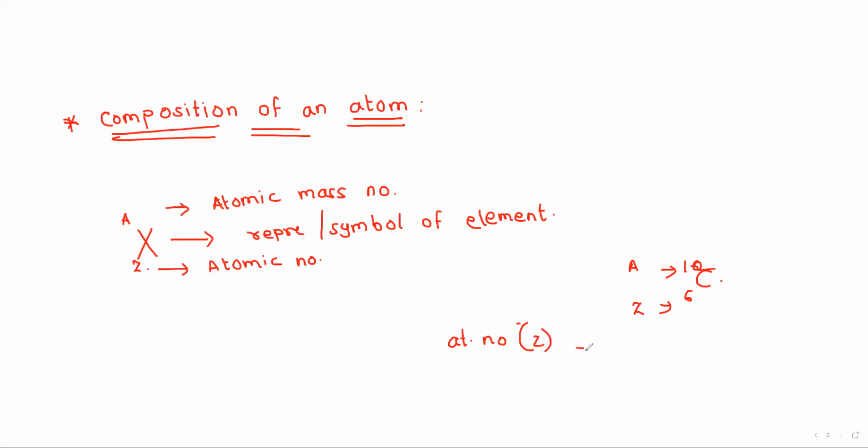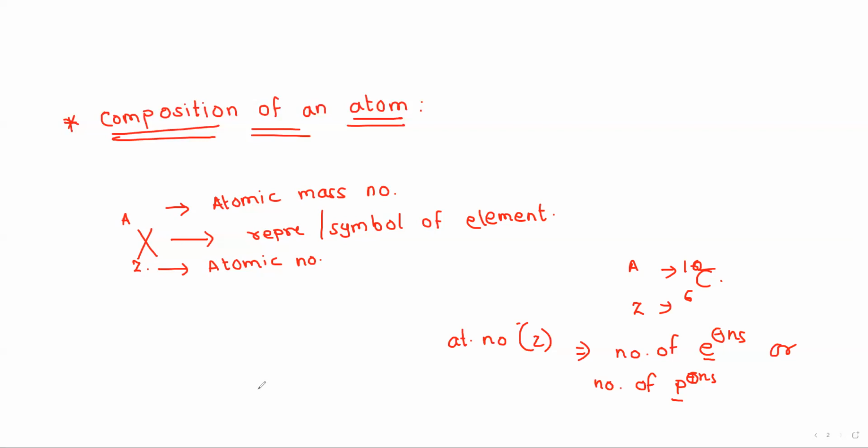That is Z. It is nothing but the number of electrons or the number of protons present in that particular species, which means always the number of electrons and the number of protons are the same.